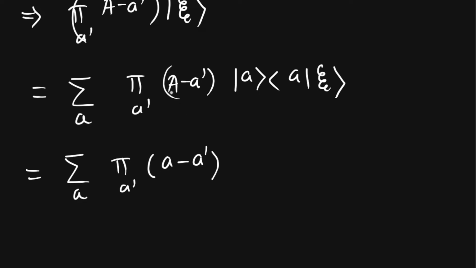Since |a> is an eigenket of the operator A, it will give us a, and the state will remain the same, |a>.